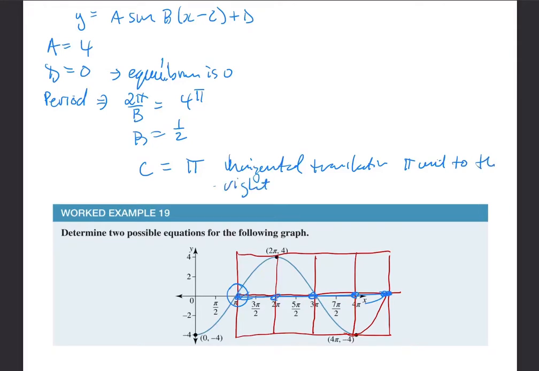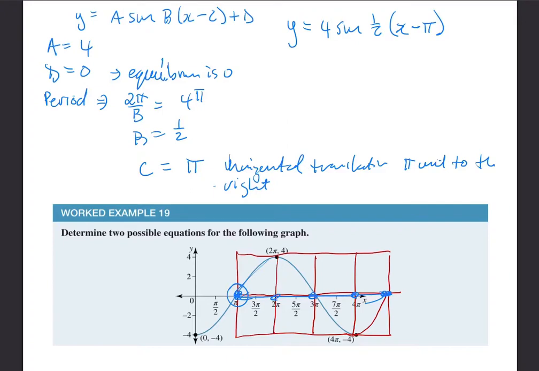So what's my equation? Y equals A, it's not reflected because it starts and goes up. So A is going to be 4 sine of B, which is a half, x. I've moved to the right, so it will be minus pi, because that's where my graph starts. And I'm going to say plus D. There's no plus D, because my D is 0.